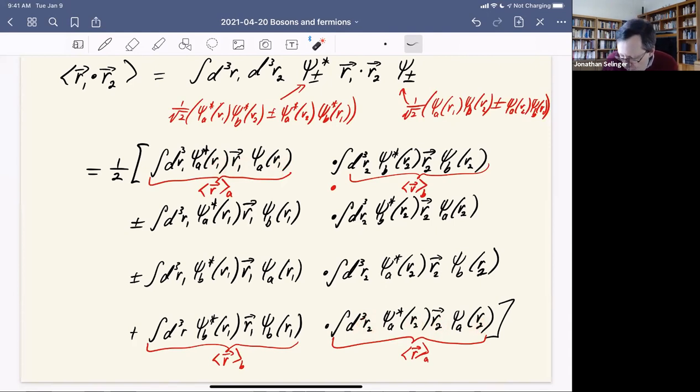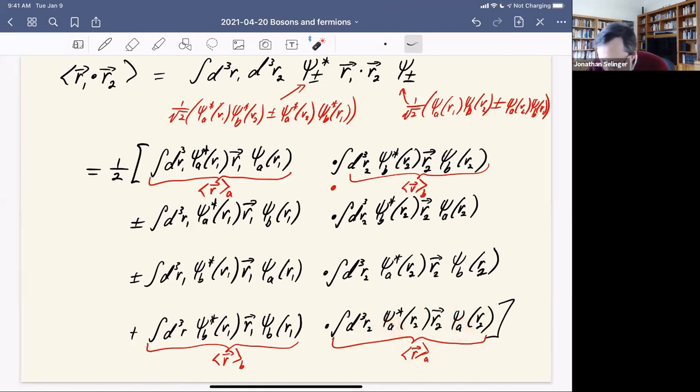You could relabel it to be R, or anything. You could call this variable Fred, integral d Fred of psi A star of Fred times psi A of Fred. It doesn't matter what you call it, and it gives you an average of that thing associated with psi A.